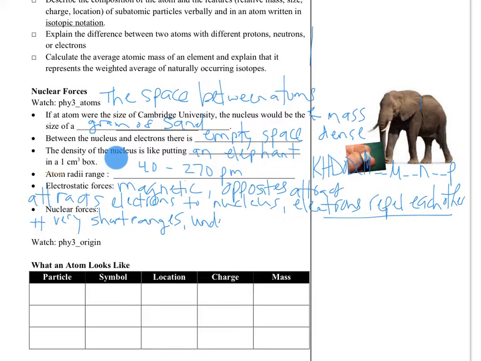And that occurs under extremely high pressures and temperatures. It actually overcomes, is stronger than, the electrostatic forces, those repulsive forces of protons against protons.